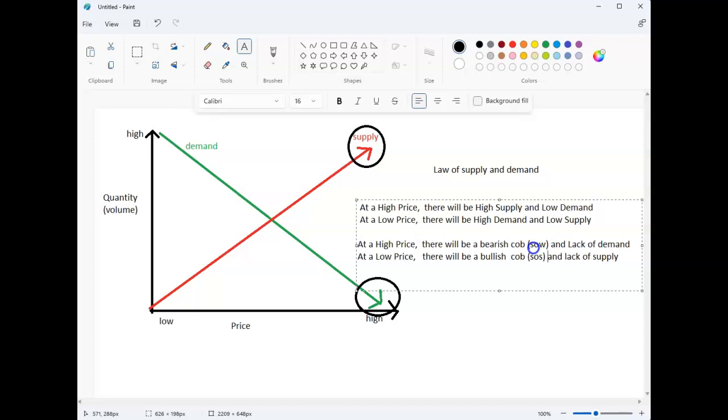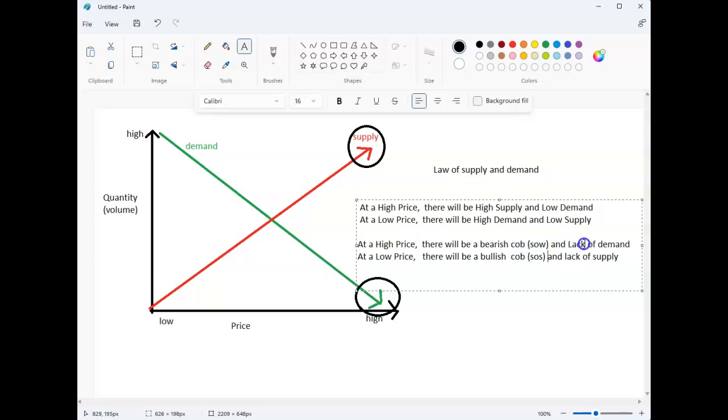Now you could see how the law of supply and demand directly ties into the Wyckoff behaviors. Okay? This is how it's the same thing. That high supply and low demand is your sign of weakness, followed by that lack of demand wave, that little wave. It was called LPSY or whatever they're going to call it, right?